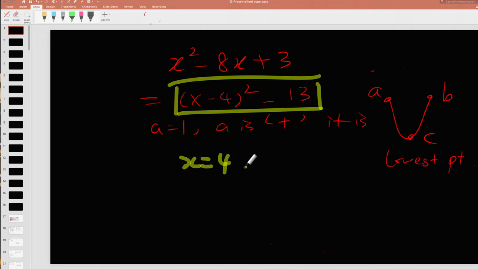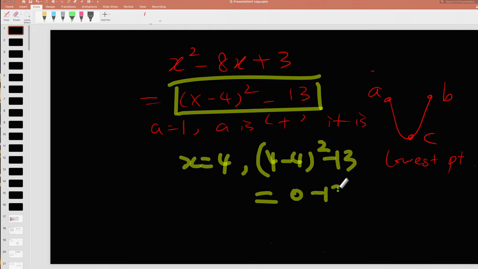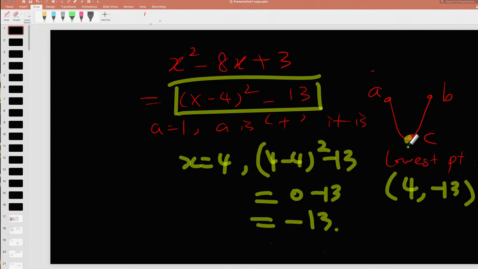So when x equals 4, you sub in, you will get 0 squared, 0, 0 minus 13, so it's minus 13. So therefore the lowest point here is 4 and minus 13. That's your point C. Simple? So that's how you get the lowest point through completing square.